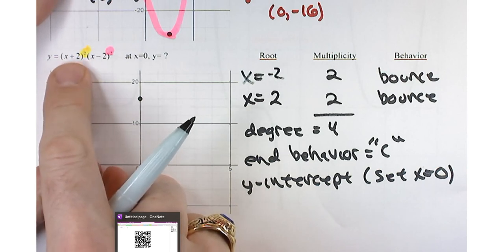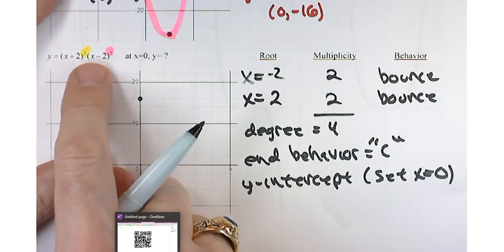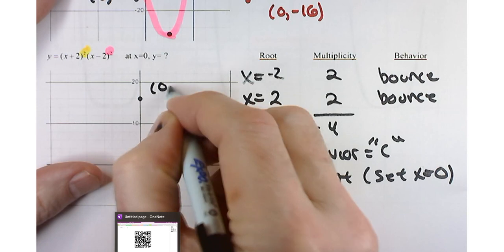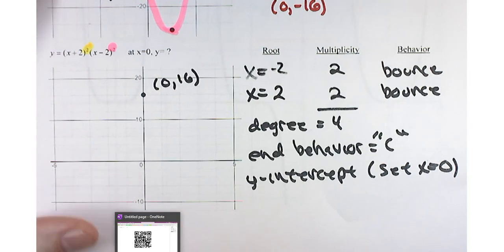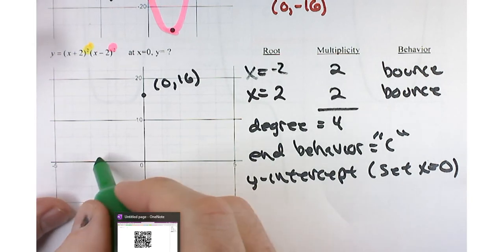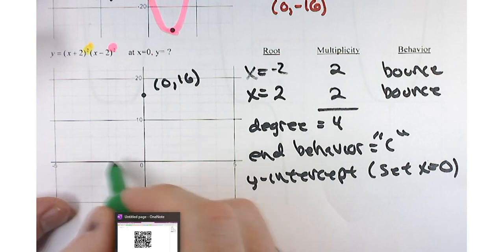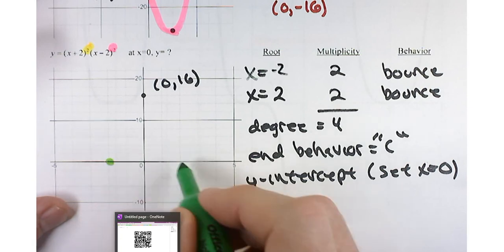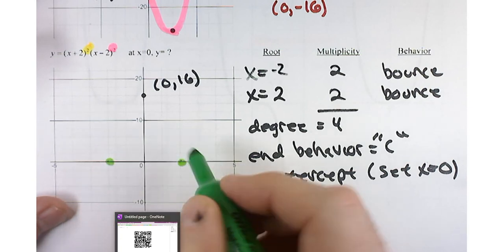If you put in a 0, you get 2 squared, which is 4, -2 squared, which is also 4. 4 times 4 is 16. And that point is already here for you on your graph. Thank you. Let's put in our x-intercepts. Those are going to be, actually not quite halfway between. So 2 here and -2 there.